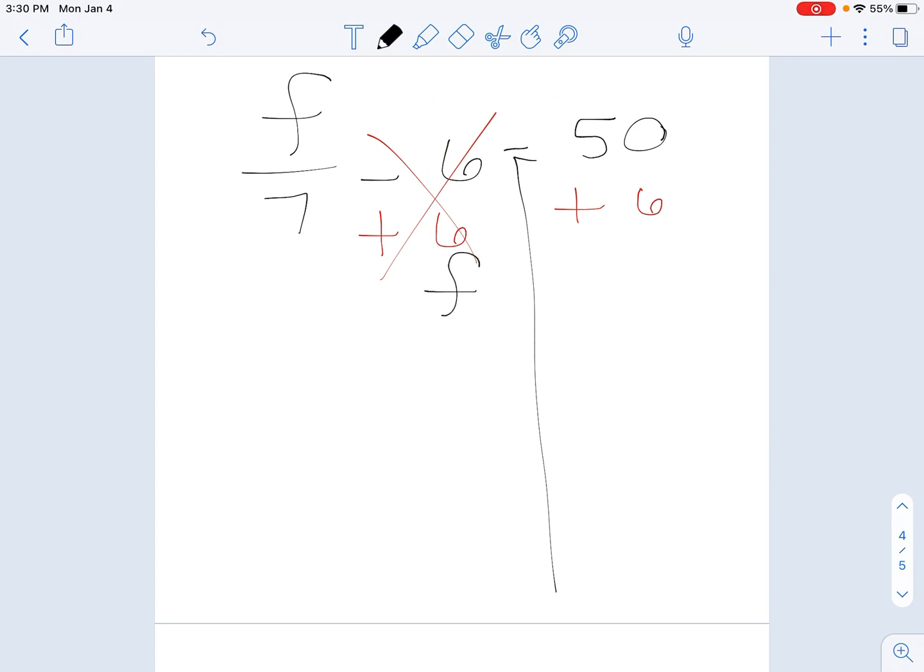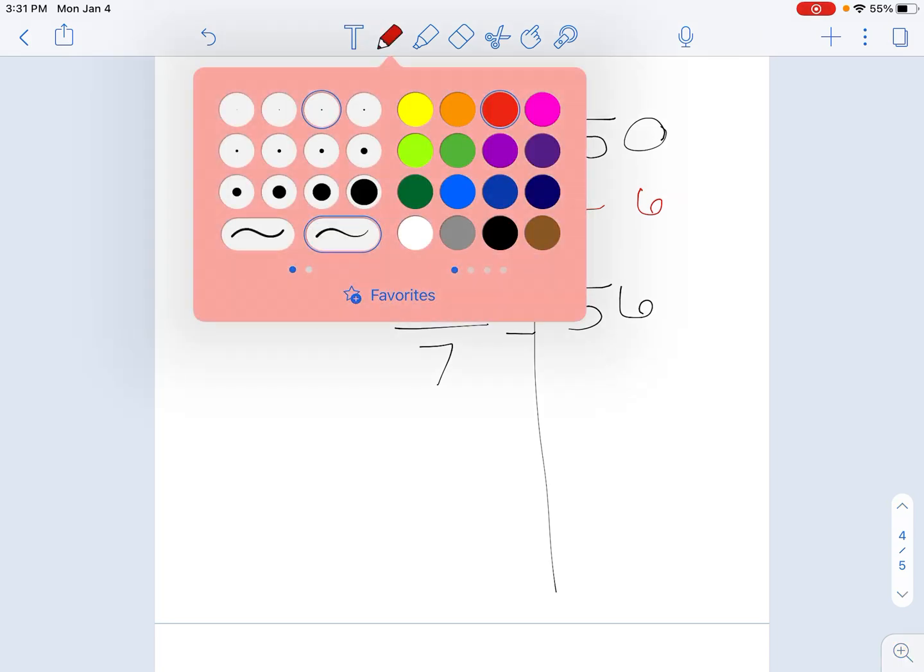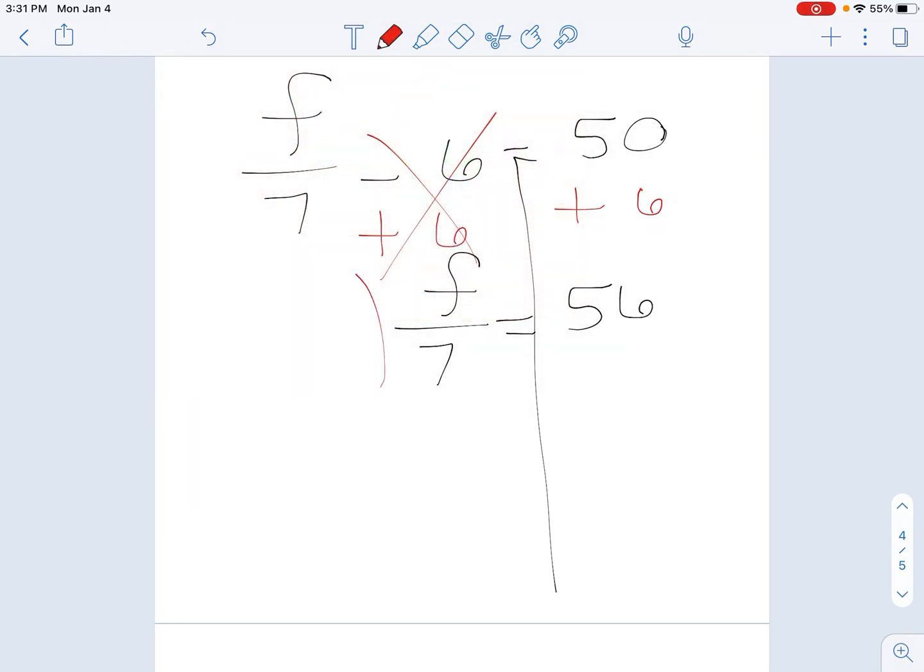So what number divided by 7 equals 56? So this equation is asking what number divided by 7. The opposite of dividing by 7 is multiplying by 7. So I'm going to multiply the left by 7, and I'm going to multiply the right by 7.